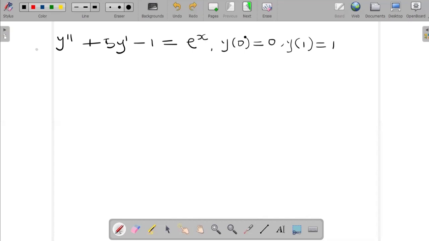So as usual in our previous videos, we have to transform each of the terms of the differential equation.